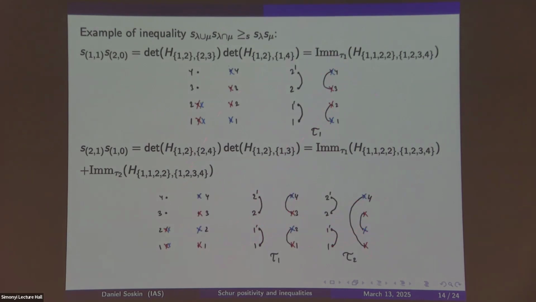The equality, the product of two determinants equal to the immanant, how do we prove that? I asked, can you prove it bijectively? Is there such a bijective proof? I haven't tried.